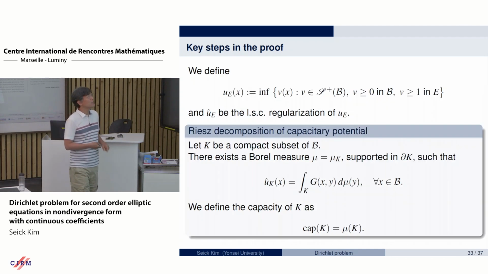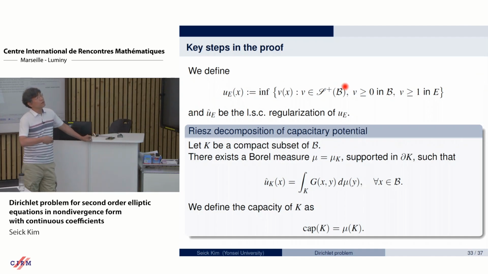And the next thing is, recall the so-called capacitary potential. Given a set E, you think about all the non-negative L-superharmonic functions which are bigger than or equal to 1. You take the infimum, and you take the regularization of this, so that it becomes lower semi-continuous.